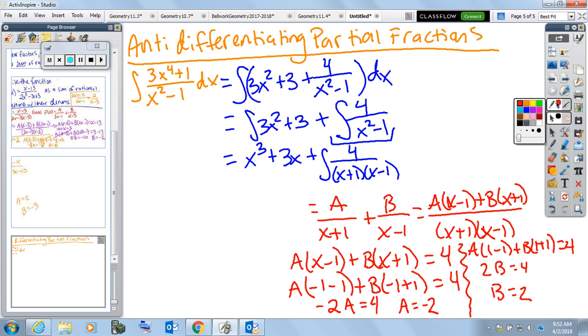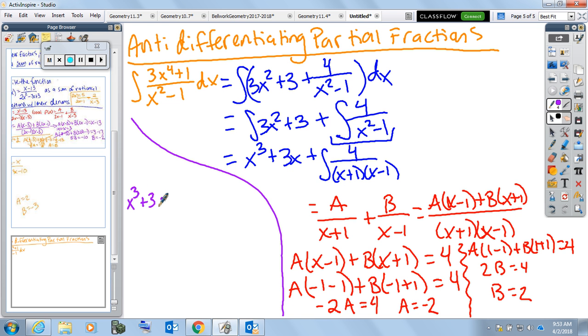So once again, I'm going to change colors and move over to the left-hand side here. And now I want to put it into what we're looking at, and I'm going to keep things a little bit nicer and cleaner. So we already have x cubed plus 3x. And then now we have plus our integral of 2 over x minus 1, and then plus the negative 2 over x plus 1, all still times dx.